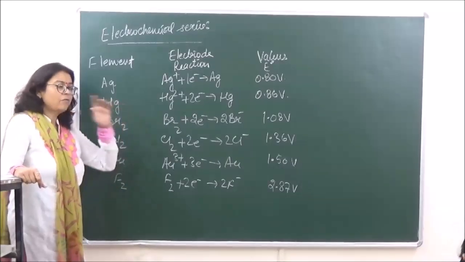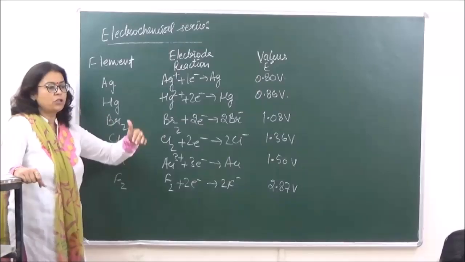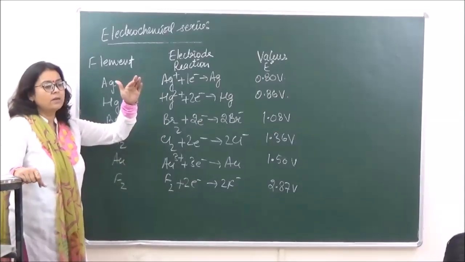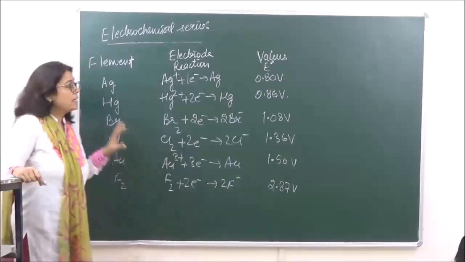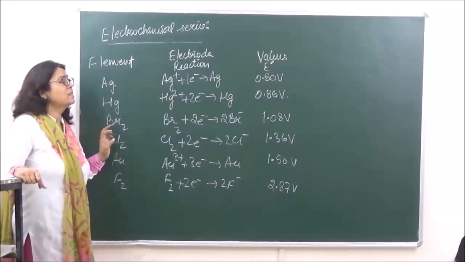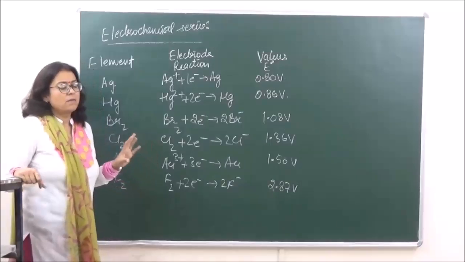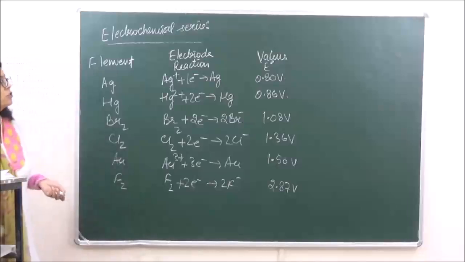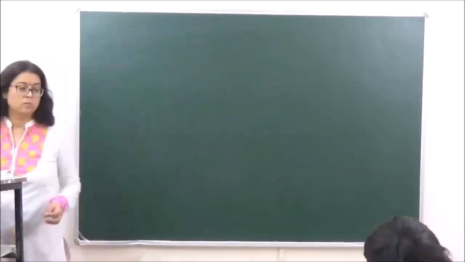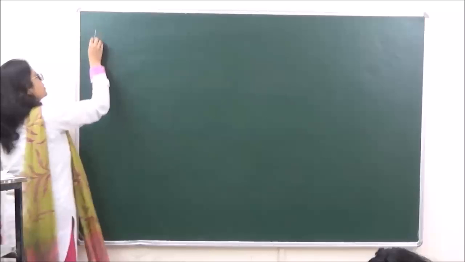So we are starting from a lower reduction potential to a higher reduction potential, starting from negative to 0 to positive. Now this electrochemical series has varied applications when we are talking of chemistry. So let's go on to the applications of electrochemical series.